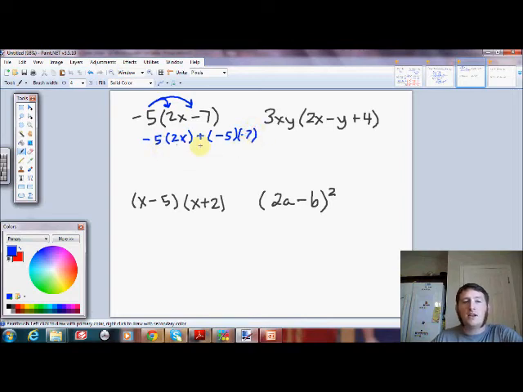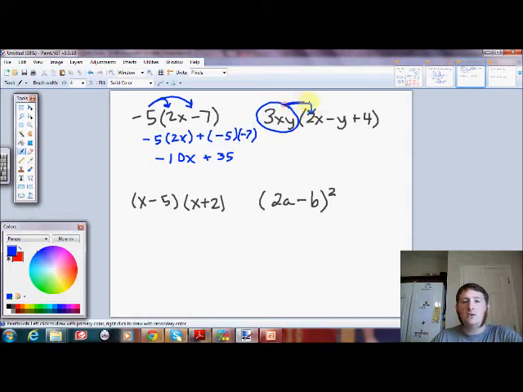But I need you to realize that is technically what's happening here. What's -5 times 2x? -10x. -5 times -7 is positive 35, so -10x plus 35. And again, I don't think you actually have to show this step. I think a lot of you do that in your heads. But just since it's our first one together, I thought I would emphasize it to you.